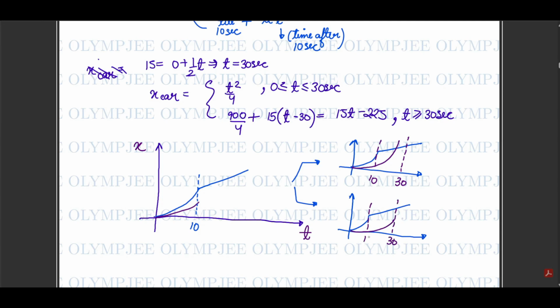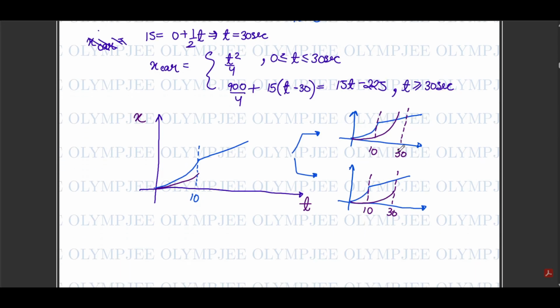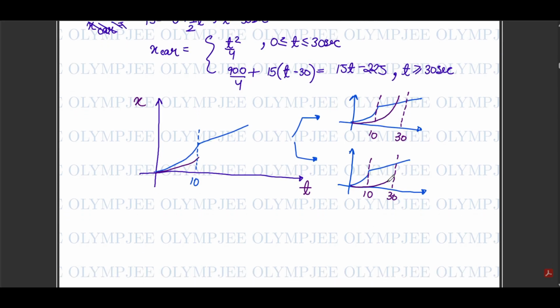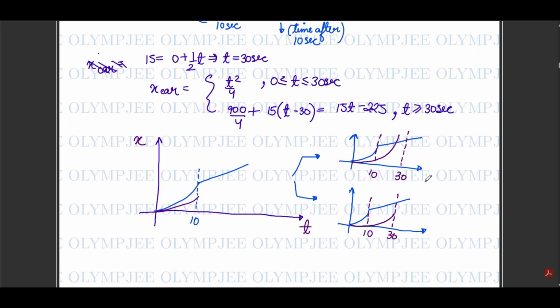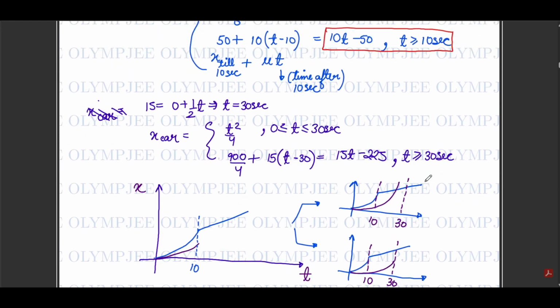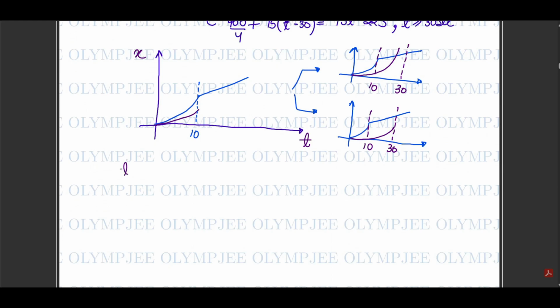Remember that before 10 seconds it cannot meet, except at origin obviously, because this graph will always be lower than this graph. Hope that makes sense. So we need to check which case is the actual case which is happening. For this we can equate the two equations, which is t square by 4 is equal to 10t minus 50. Taking the 4 on the other side, we will use the quadratic formula.